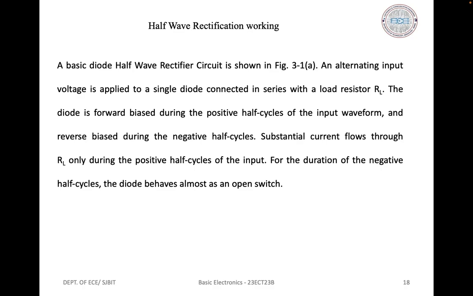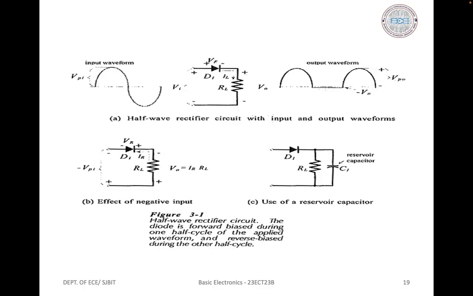Coming to half wave rectification, first we will discuss the positive half wave rectifier. A diode positive half wave rectifier circuit is as shown here. An alternating input voltage is applied via a transformer T1 to a single diode connected in series with the load resistor RL.